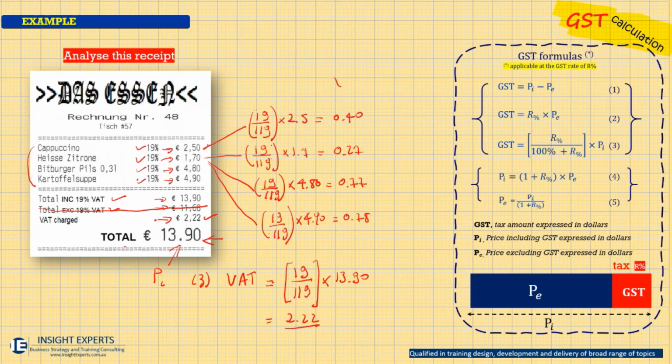So that's the VAT amount. That is the VAT amount here. Okay, so if I add up all the VAT amounts, I will end up with 2.22, which is the same as the one we got at the total level.